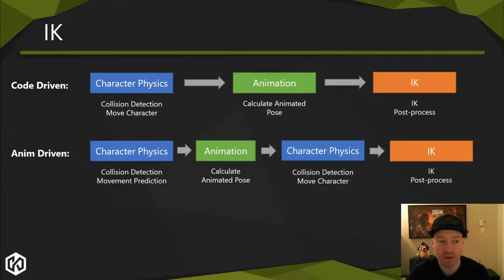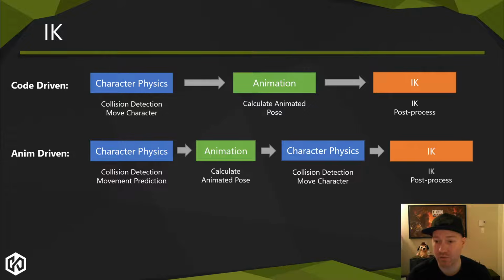Everything works. When you go into anim driven, things become a little bit more complex because your character physics is not actually moving your character. It's doing a prediction step. It's saying, hey, I think you need to do this. You're feeding it into the graph. The graph is calculating a pose, but it's also getting a root motion delta out. And then you have to take that root motion delta and move the simulation object with that, and then run IK as a post process.